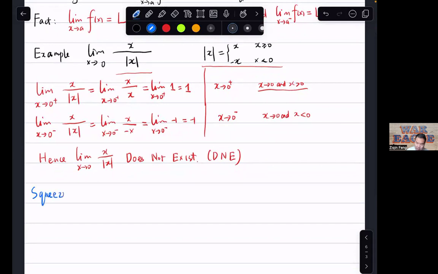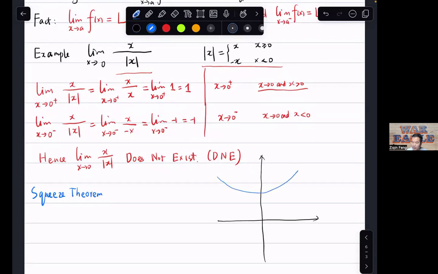I will show a couple of examples to which we can apply our squeeze theorem. All the different techniques apply to different functions. Let me try to sketch a picture here. We have our XY plane, and we have three functions.